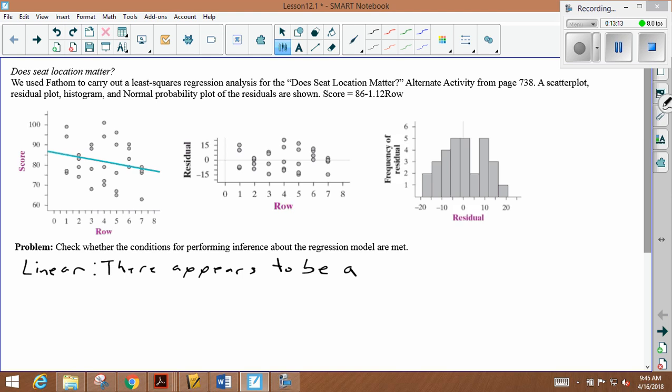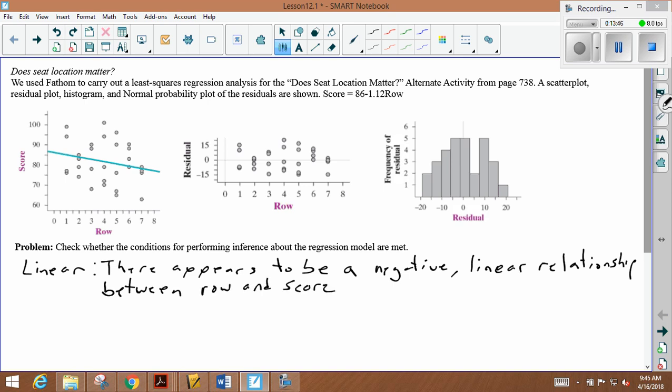I'm going to make a guess. Well, moderately? No. Let's go, a negative linear relationship between row and score, again putting that into context.